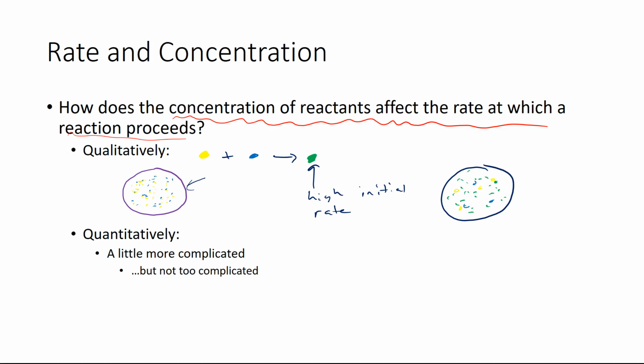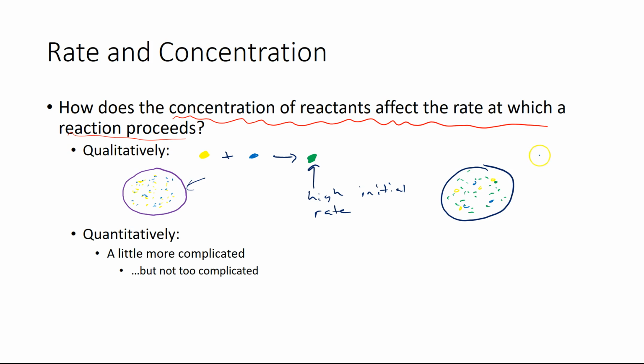And so because of that, the frequency of collisions between the yellows and blues is going to be much lower, and as a result, my rate of that reaction down the road is going to decrease.